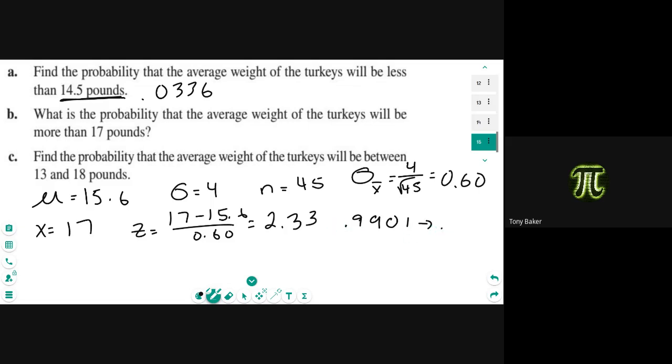So this goes to 0.099. Because remember, once you get the answer, then you have to decide what they're looking for. In this case, they're looking at the right side, so I have to do 1 minus it.